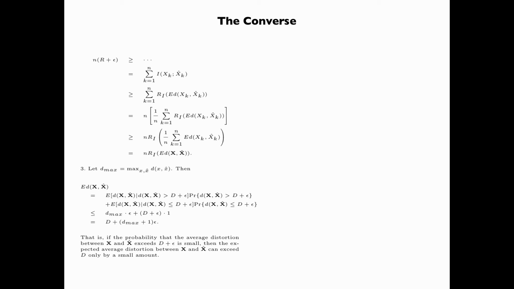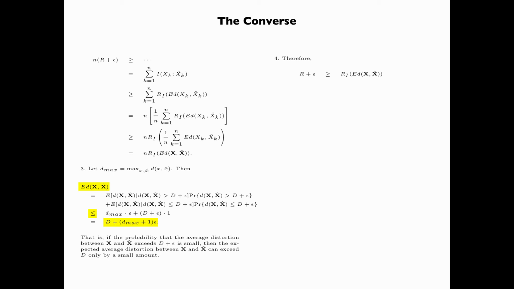Summarizing the above, we have n times (R plus epsilon) is lower bounded by n times R_I evaluated at the expected distortion between x and x hat. Now we cancel n from both sides to obtain R plus epsilon is greater than or equal to R_I evaluated at the expected distortion between x and x hat.